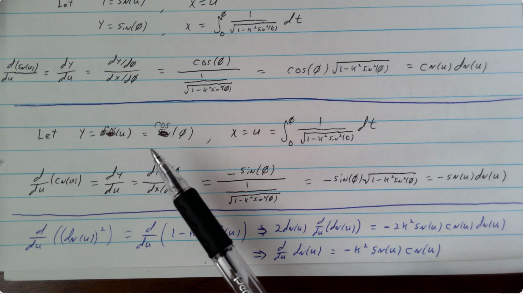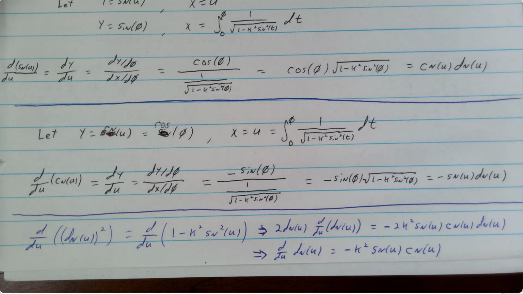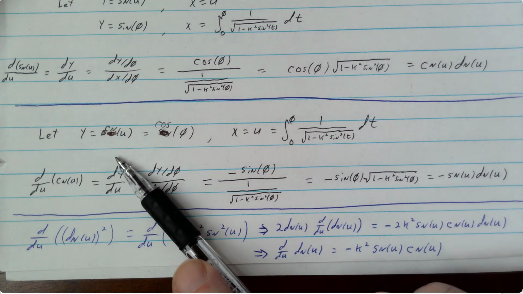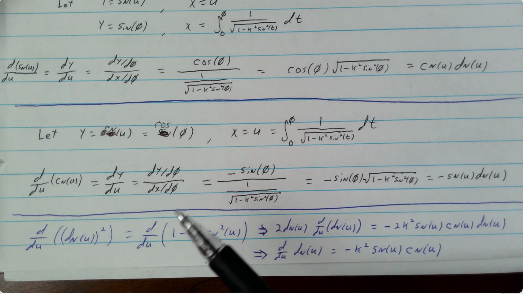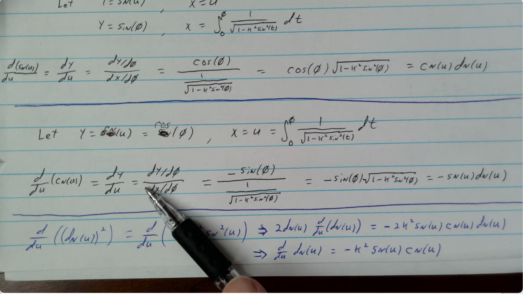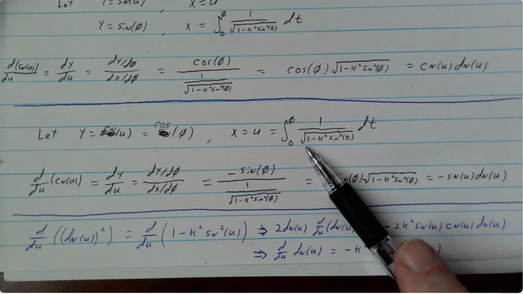If I want the derivative of cn u, it's pretty much the same idea, but I want to get the points of inflection, so I thought of how I graph it. If I graph y equals cn u, which is cosine phi, and x would be u, then the derivative is dy du, which is dy d phi over dx d phi, since x is u.